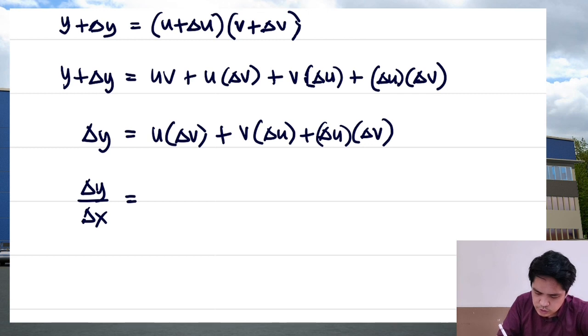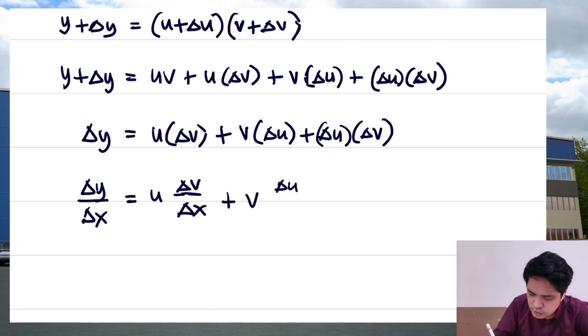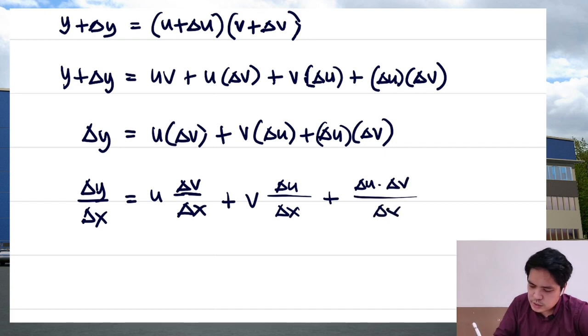that would become delta y over delta x, that is equal to u times delta v over delta x plus v times delta u over delta x plus delta u times delta v over delta x.